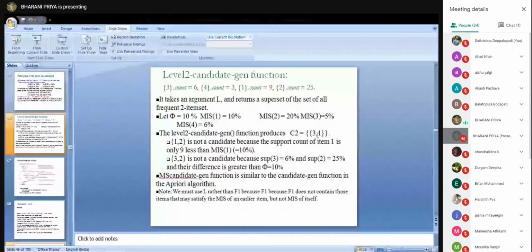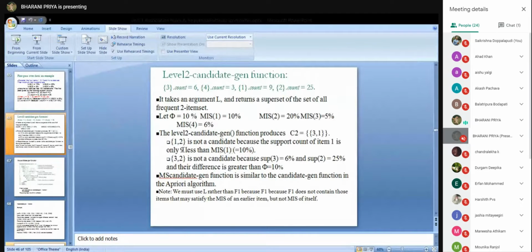I can take 3 and 4, 4 and 1, 1 and 2, or any combinations, right? We are not including 1 and 2 because the support count of item 1 is only 9, which is less than the MS value of 10. Sorry, the MS value of 1.